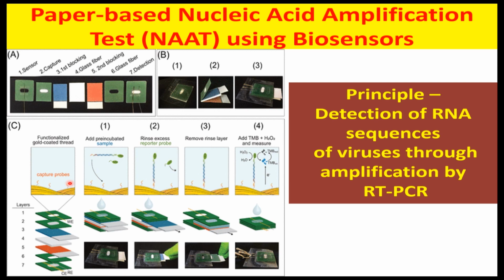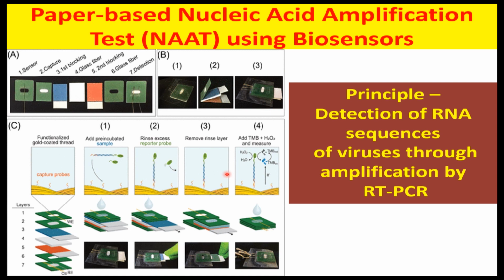The capture probes will capture only a particular RNA from the virus. As you can see, this green one is captured by the RNA probe, that is the capture probe. Then we wash or rinse it so that the other uncaptured samples go off.